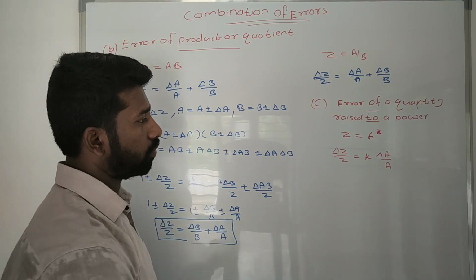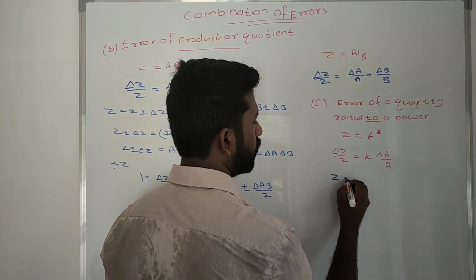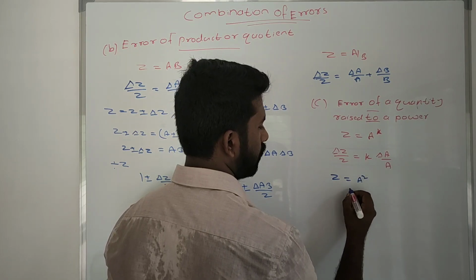Then how can we prove it? For this proof, I will take Z is equal to A square. How can I write A square?